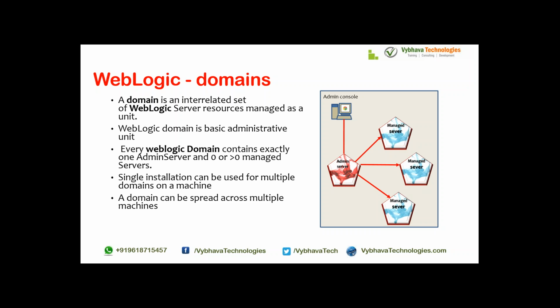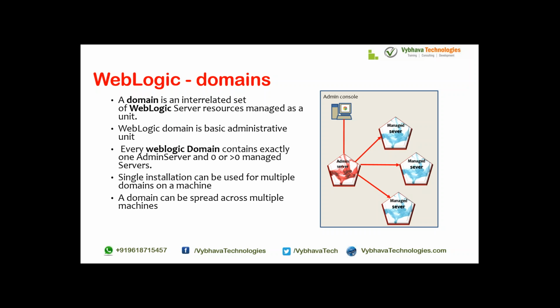It will do the web application deployment, or any application which you want to deploy on top of it. Then you want to set up secure sockets, or give applications high availability, you want to configure a cluster, you want to configure node manager. All these configuration commands run from the admin server.